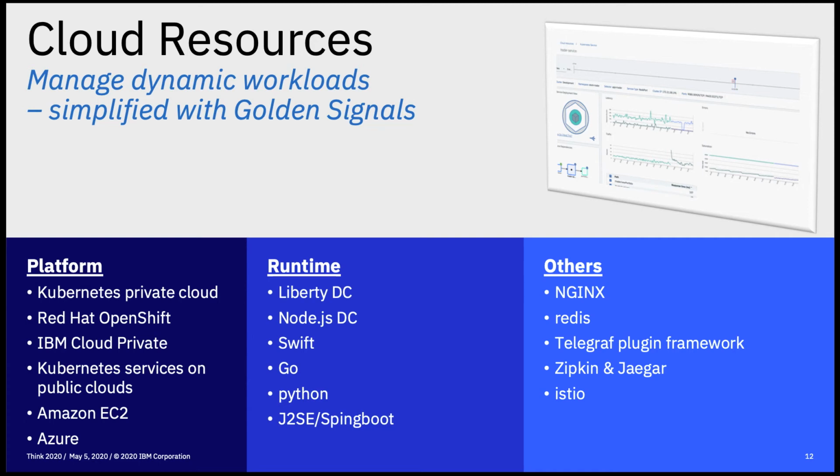As mentioned earlier, they are simplified with golden signals, which are latency, traffic, errors, and saturation. And these four signals should be a critical part of your service level objectives, since they are essential for delivering your service with high availability.